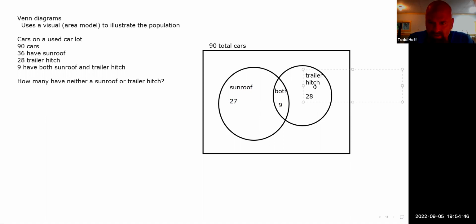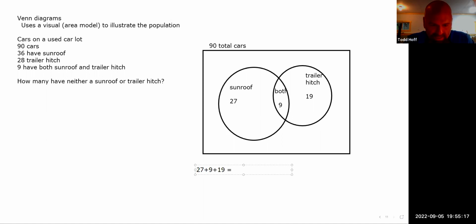Out of our trailer hitch here, we subtract from the 28 to get 19. There's 19 that have a trailer hitch and no sunroof, another 9 that have both. So that's 9 and 19 make the 28 total with the trailer hitch. So if we add those up, that's 27 plus 9 plus 19.